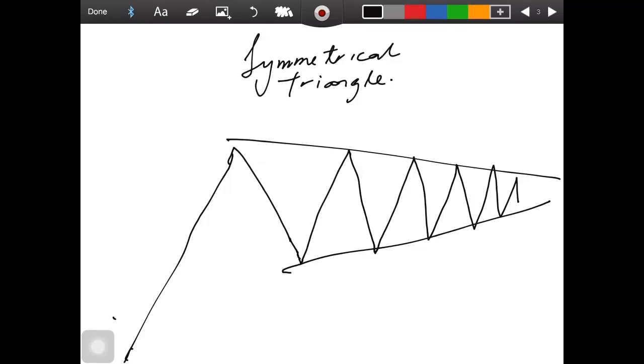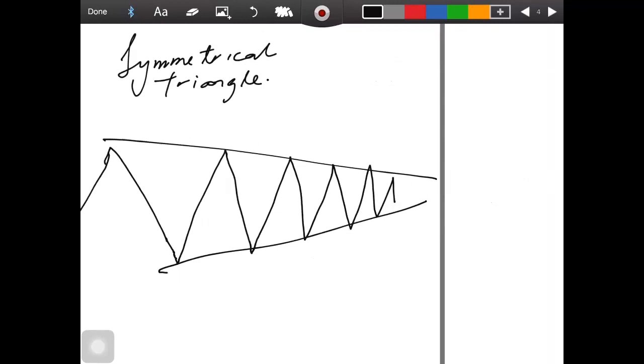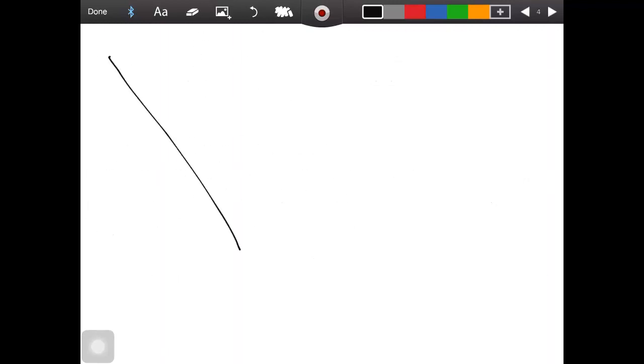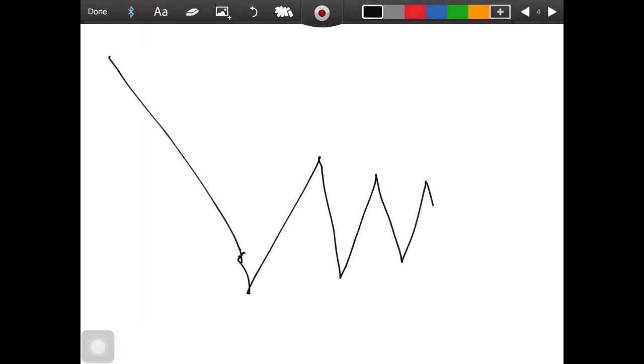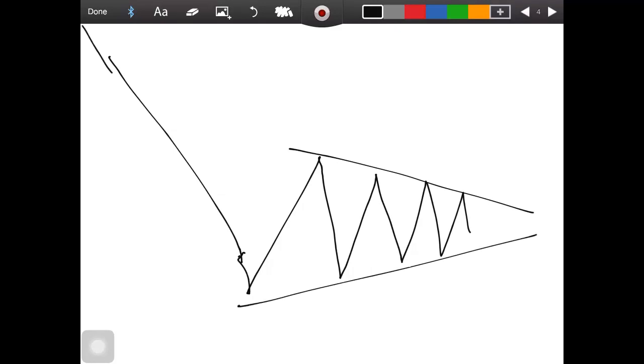You get it in an uptrend, and you can also get it in a downtrend: higher low, lower high, higher low, lower high. It forms a symmetrical triangle like this.